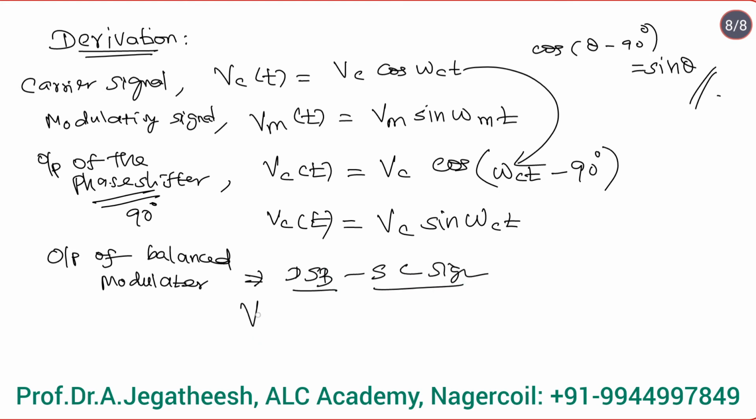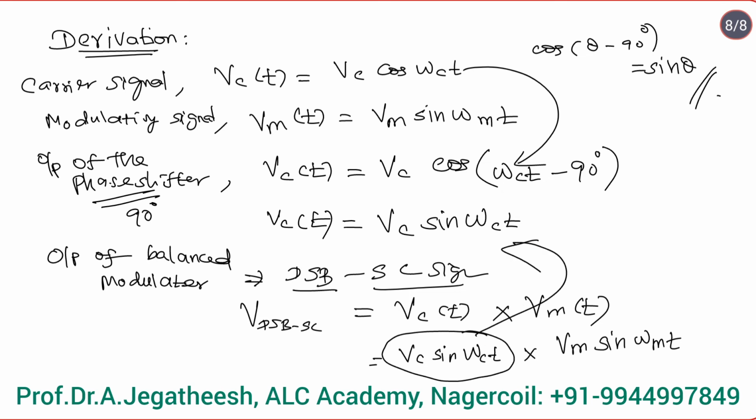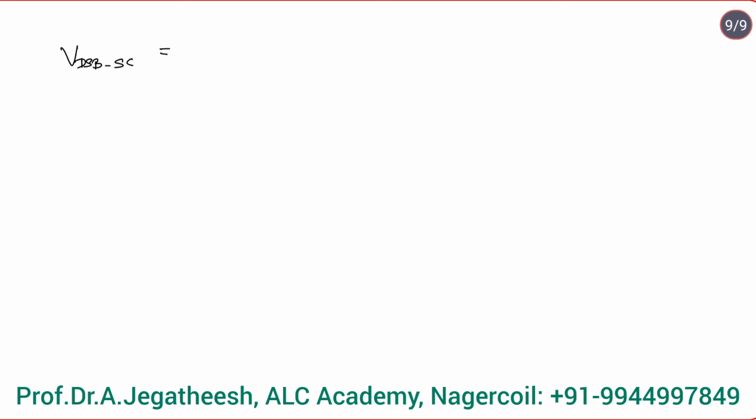This double sideband suppressed carrier equation can be obtained by multiplying the carrier signal with the modulating signal. So you will get Vc sin omega ct into Vm sin omega mt. We should note that Vc sin omega ct is the output of the 90 degree phase shifter. In the next step you will get Vm into Vc into sin omega ct sin omega mt.